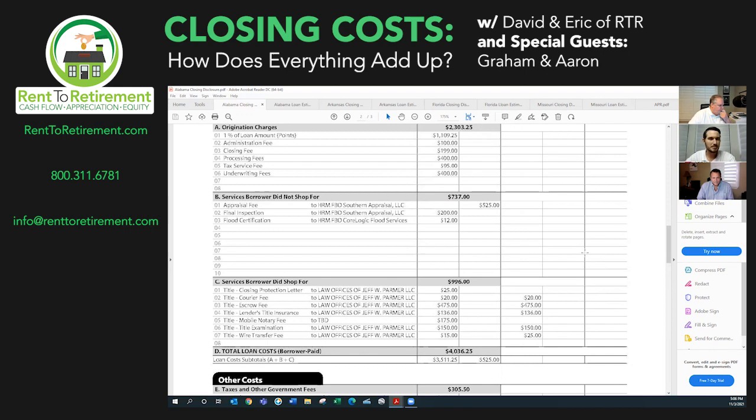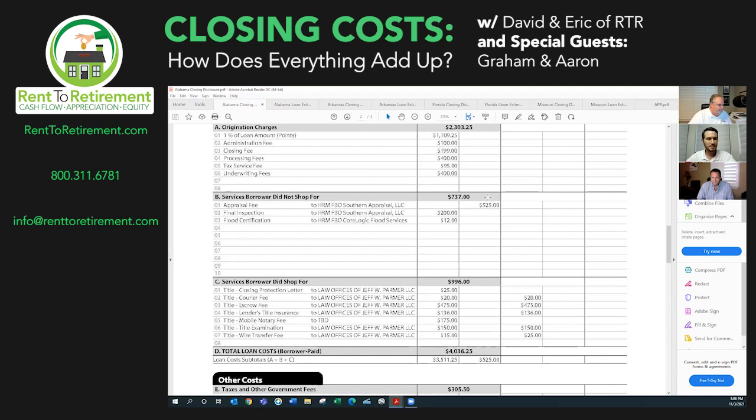Now, if we go to section B, the appraisal cost, we can see that it's actually this right-hand column here that 525 is, and that's now been moved to paid outside of closing. The appraisal piece is the only item as the lender that we require the borrower to pay upfront and outside of closing.